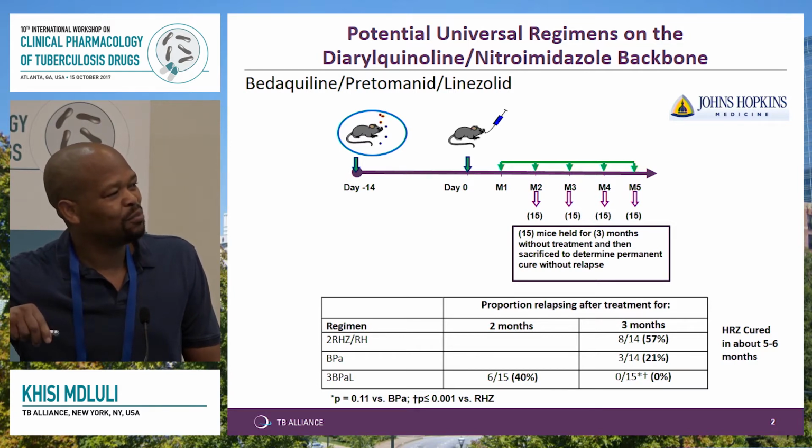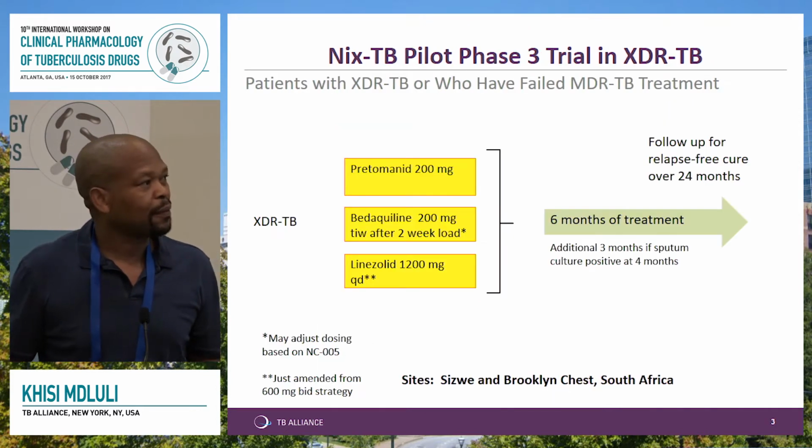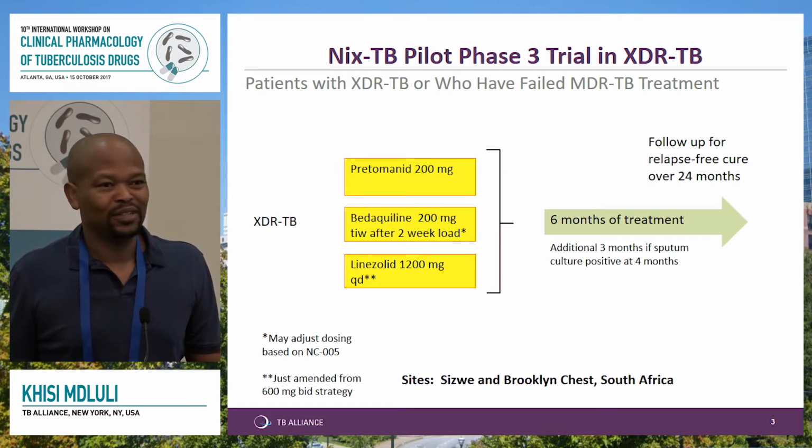So you see this improvement, because the mice on the standard of care are still not cured at 3 months, and they'll probably be cured at about 5 to 6 months, whereas the animals being treated with the new regimen of BPAL, which ended up being the next regimen in the clinic, were cured at 3 months. This was the next regimen that went into the clinic that a number of you in the audience already know about.